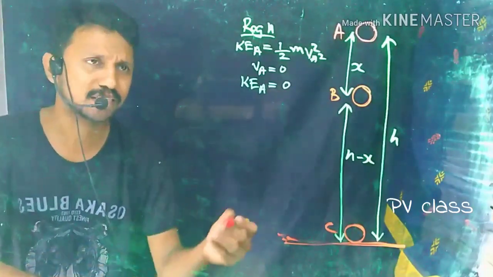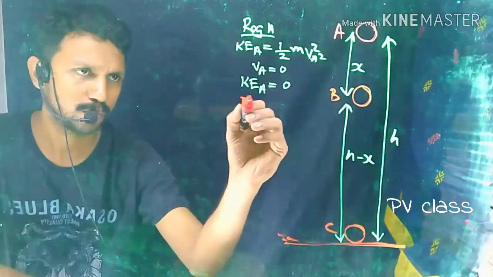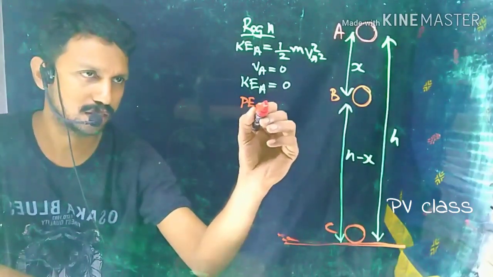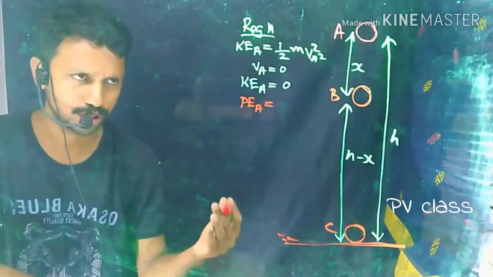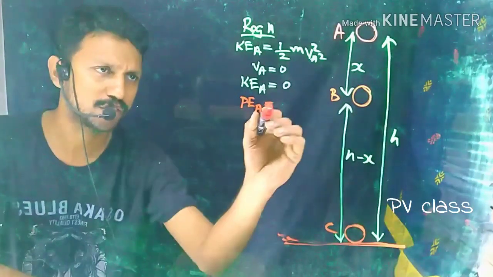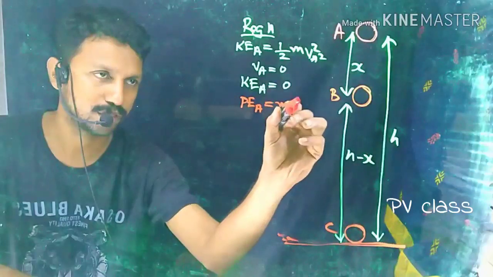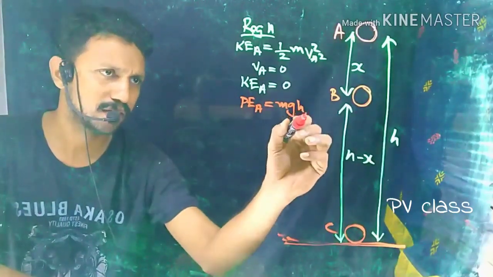Now we have obtained the expression for kinetic energy. Then, next, let's find out the potential energy at region A. The potential energy in this case is gravitational potential energy, and we know the expression for gravitational potential energy is mgh. Since it is region A, I am writing m g hA.